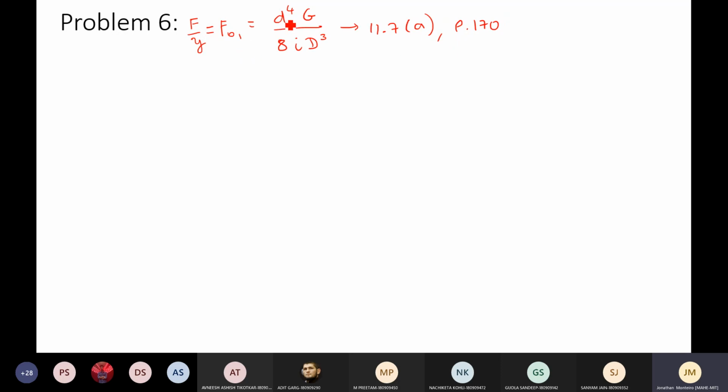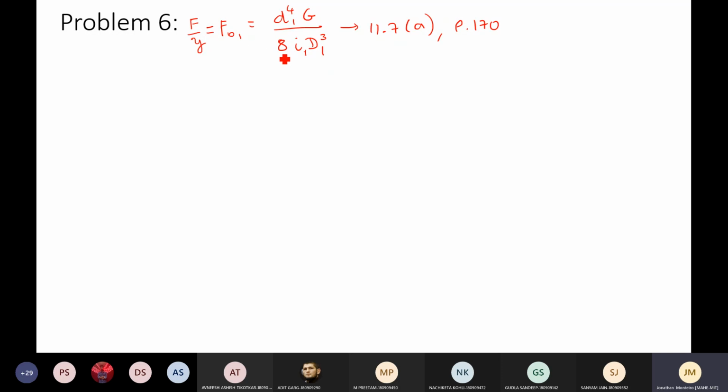F01 is equal to d to the power 4 G by 8 I D cube. Now let me be very specific here that some things you can just write. For example, it is 1, so we are dealing with the first wire diameter, first coil diameter, and the number of coils of the first one. Everything is 1.